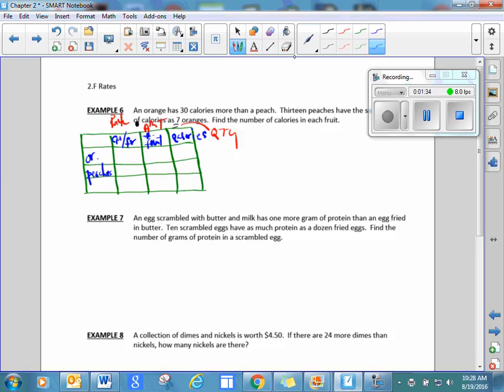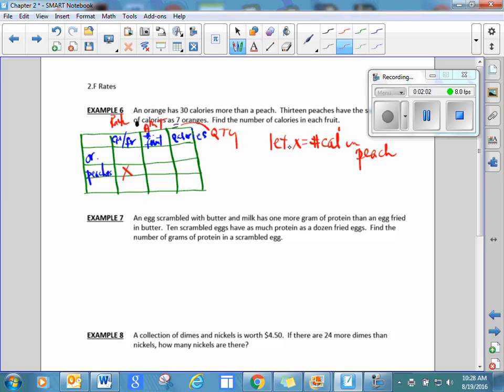So filling in our table, we're going to go back and look at what they tell us here. They're saying that an orange has 30 more calories than a peach. So again, I'm going to let X equal the number of calories in a peach. So that's what this is right here, the number of calories in a peach.